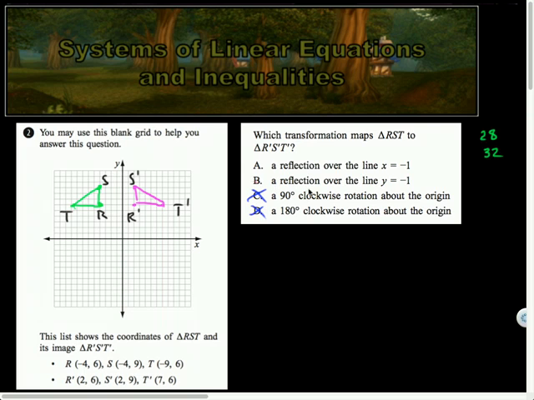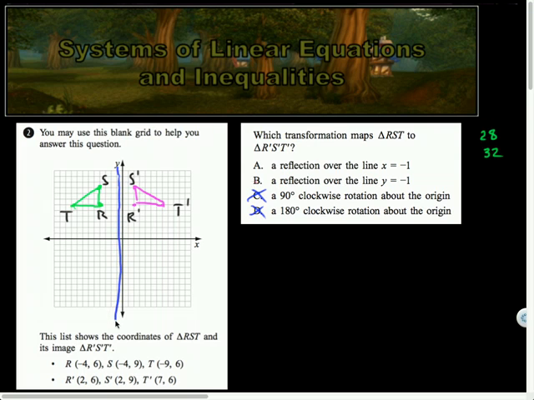Right? So now we've got to figure out these reflection situations, and they've really got us in a jam, because you've got to figure out what these equations represent. What does the line x equals -1 look like? Yes, good call. It's parallel to the y-axis.